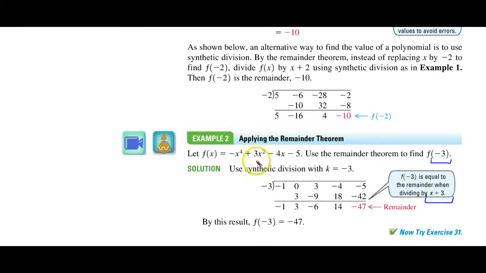Now, an interesting thing as we look at this one, what is our coefficient of this term? It's a negative 1. What's our coefficient of x to the third, which is missing? Well, that's going to be a 0.